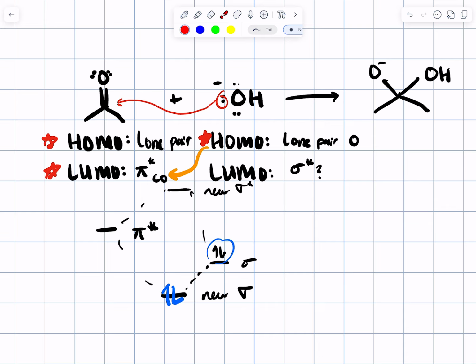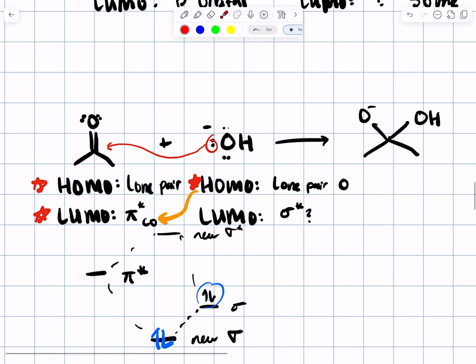Can you explain why the oxygen is negative in the product? Yes, I can. That is the next thing I wanted to talk about. So this pi star orbital, and the question was, why does this oxygen end up negative? Really quickly, let me push an arrow.